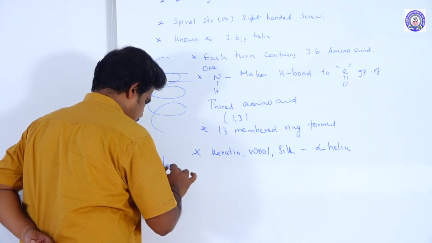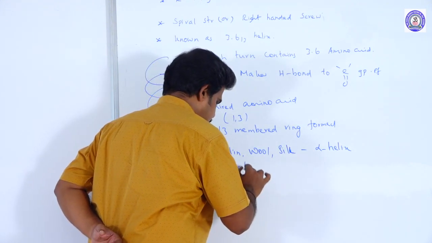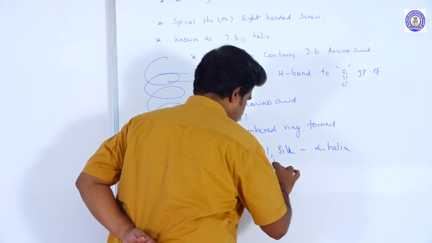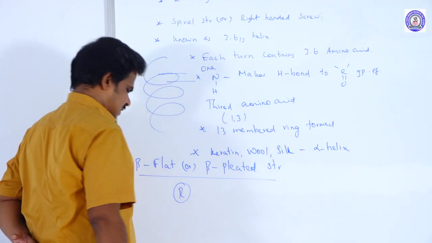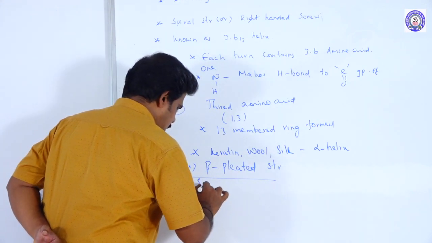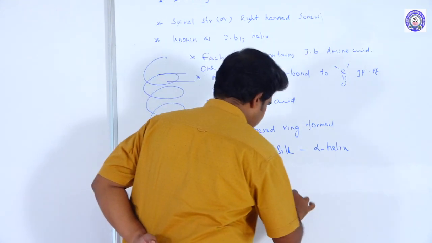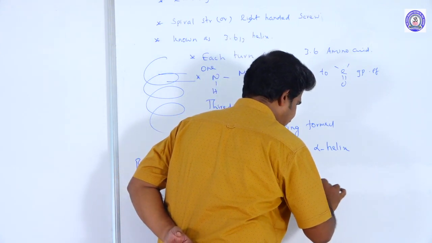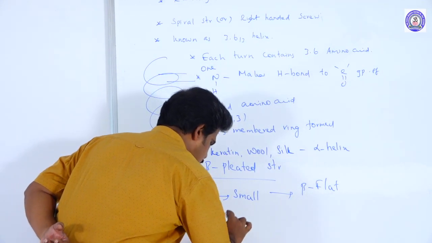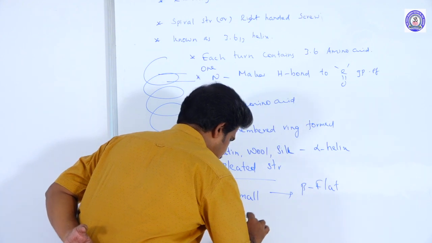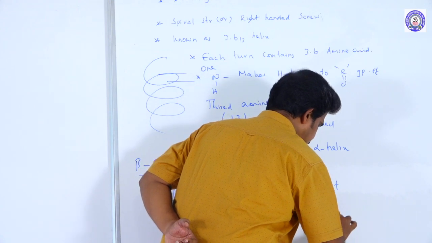Now, we may take the beta pleated structure, beta flat or beta pleated. And here it also depends upon the R group size. If the size of the R group is smaller, then it is beta flat. If the size is moderate, then it is a beta pleated structure.